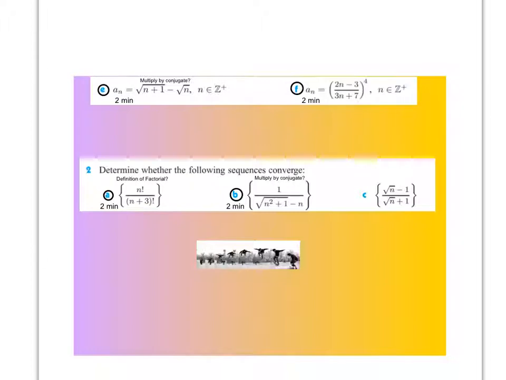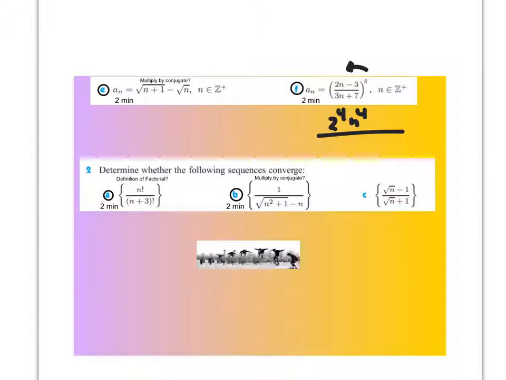Okay, let's see here. How about a quick one here in F? If I were to take this to the 4th power, it's going to get a massive expansion of this binomial. But the highest powered term would be 2 to the 4th n to the 4th.